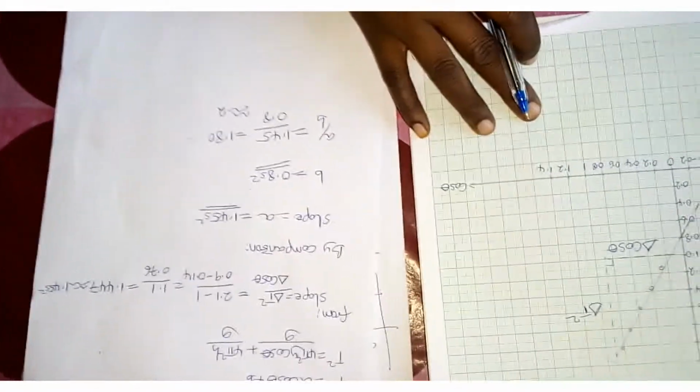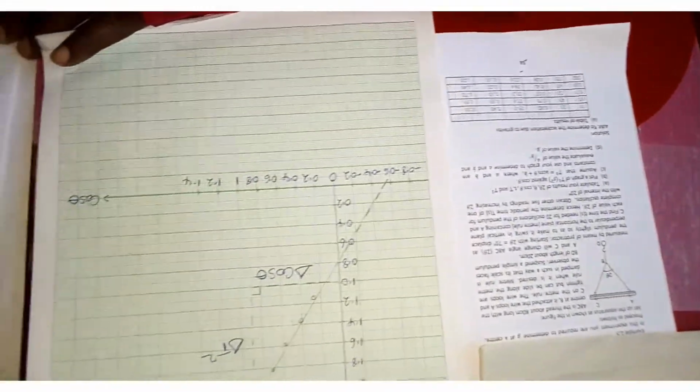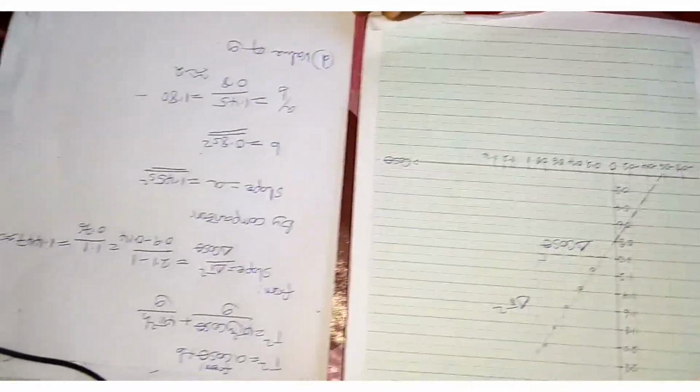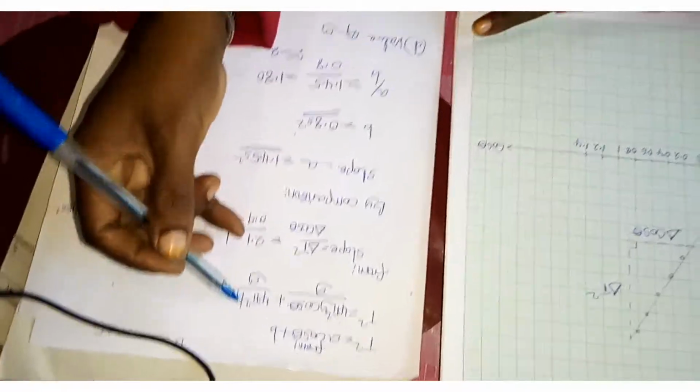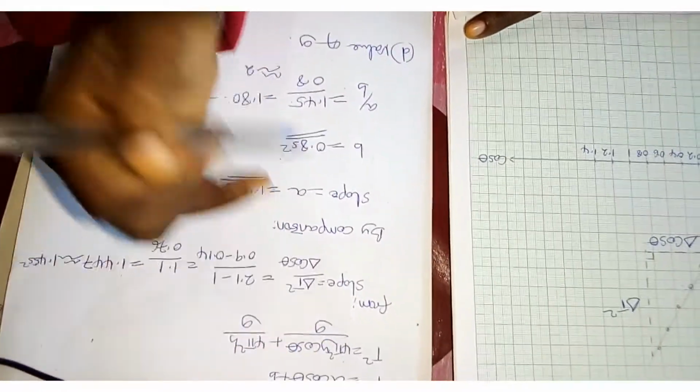After then, determine the value of g. How can we determine the value of g? The value of g can be determined by using the y-intercept or by using the slope.